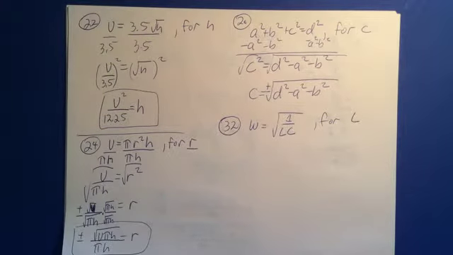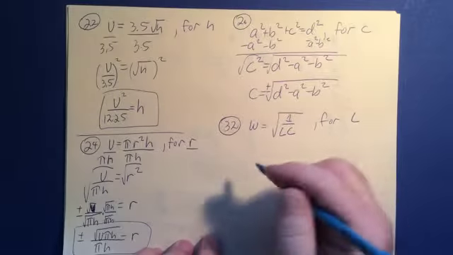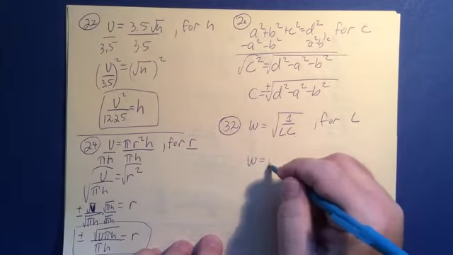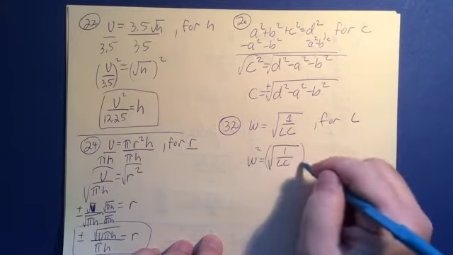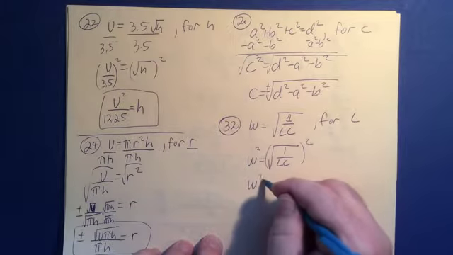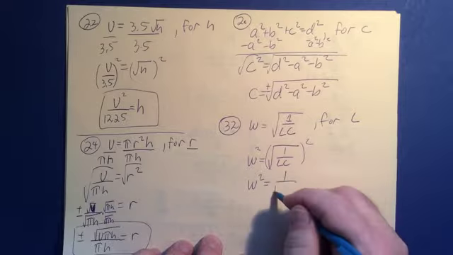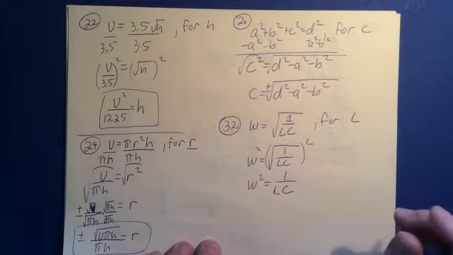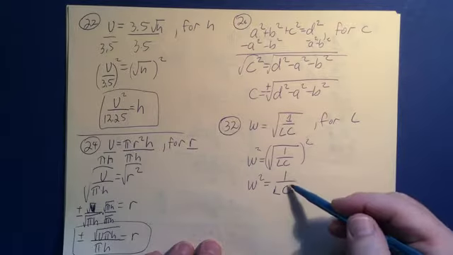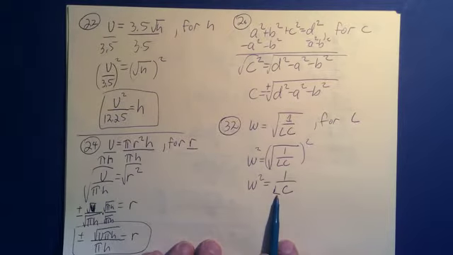So strategy here, let's get rid of the radical like we did in chapter 10. I'm going to take the original one here and square both sides. That's going to give me w squared equals 1 over LC. No more radical here now. I want this L on the top, and right now it's in the bottom.